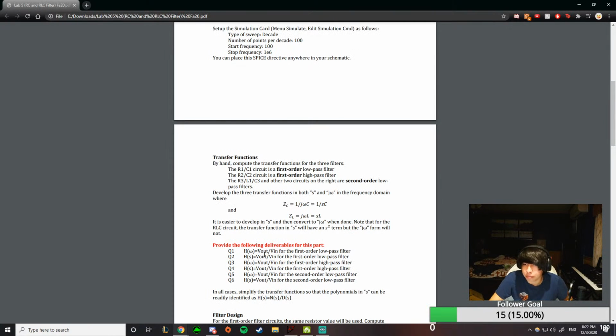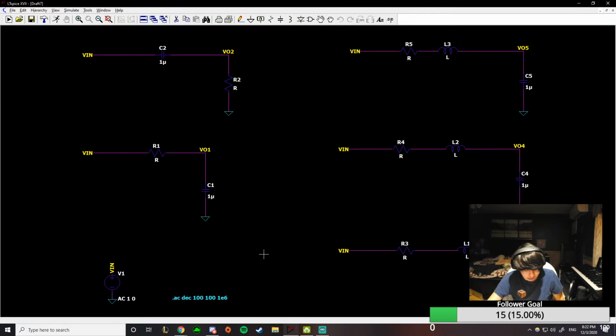I forgot. Okay, so for an inductor, the impedance is SL. So plus SL and then plus the original capacitor, because that's how the equation works. Okay, and that is the one for question 3.